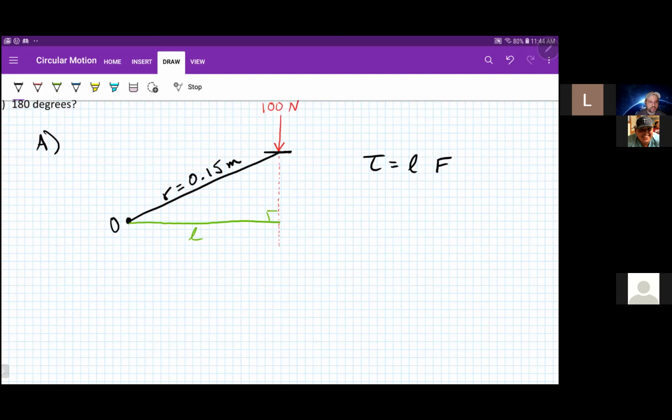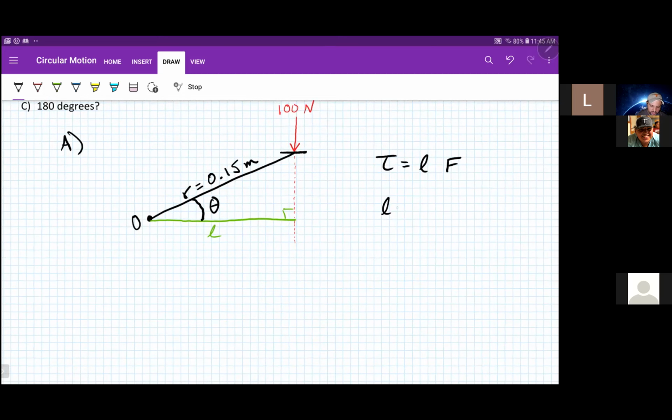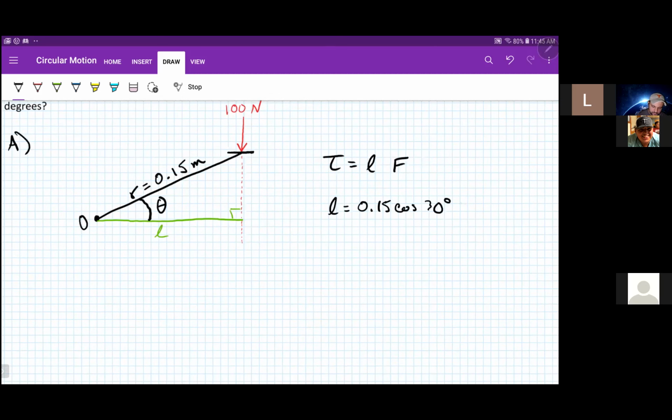It says what is the magnitude of the torque about the pedal arm's pivot when the arm is at an angle of 30 degrees? So we're looking at this angle here in this case. I can use some trigonometry to figure out what L is. In this case, L is going to be cosine of 30 degrees. So L is going to equal 0.15 times the cosine of 30 degrees for A. That's going to give me 0.13 meters.